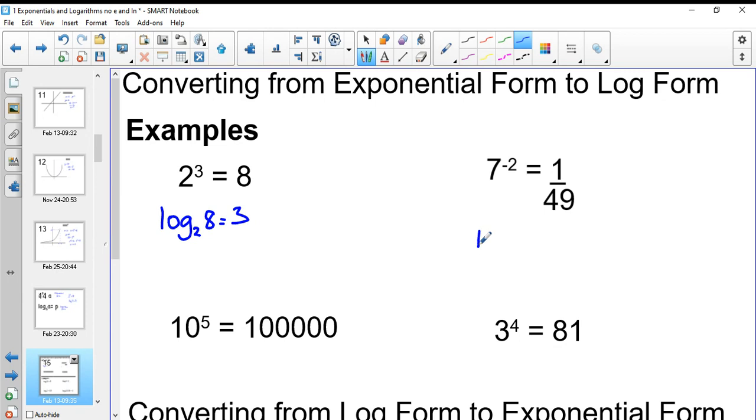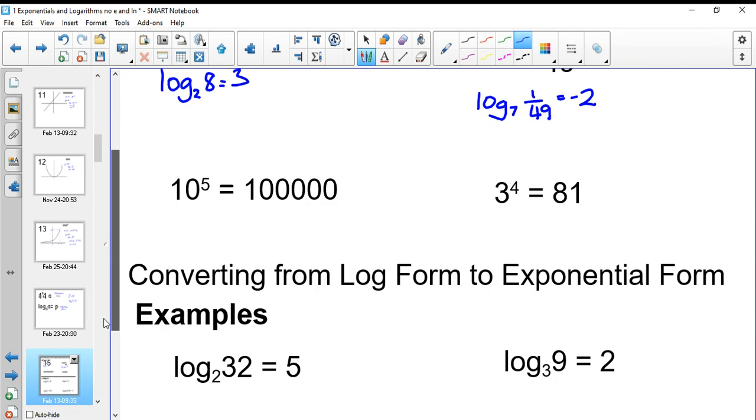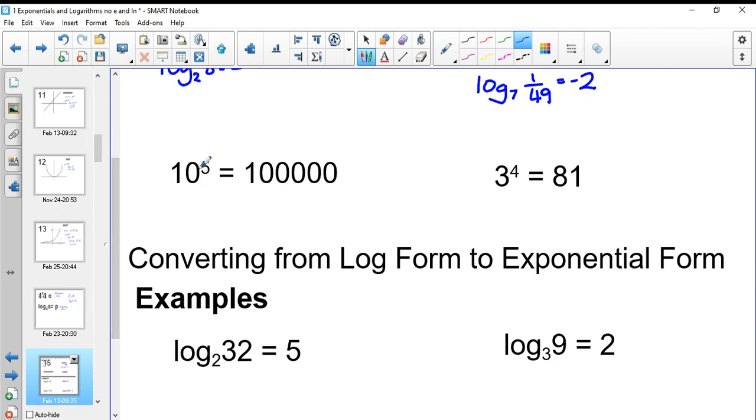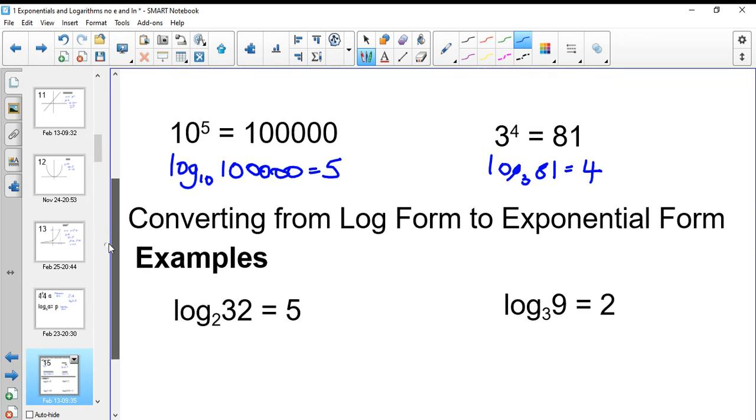Here 7 is the base, so log to base 7 of 1/49 equals -2. Here 10 is the base, so log to base 10 of 100,000 equals 5. And here 3 is the base, so log to base 3 of 81 equals 4. So that's going from exponential form to log form.